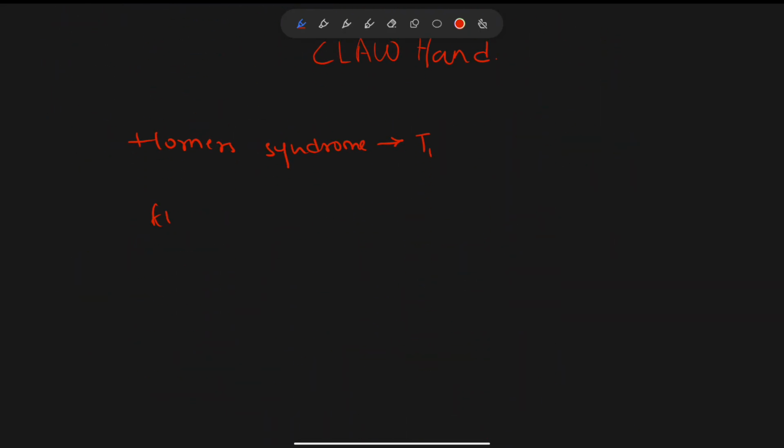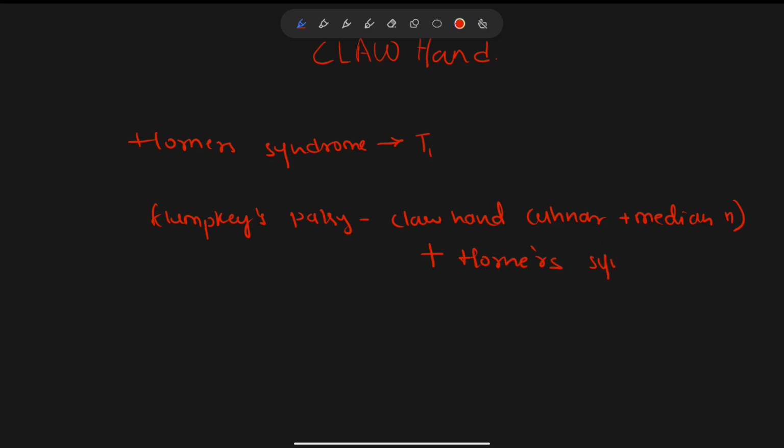So in Klumpke's, claw hand, ulnar nerve and median nerve will be affected, plus Horner syndrome will be there. But what is Horner syndrome? Horner syndrome is about T1.